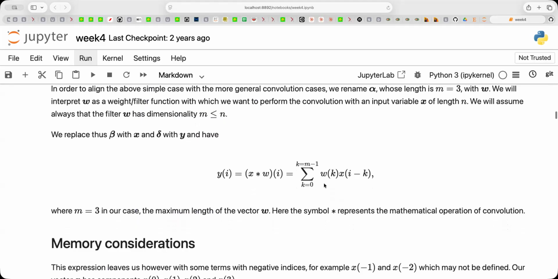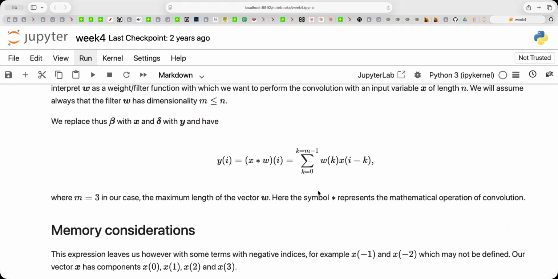I'm going to define the filter, which previously was the lowest polynomial, which had only 3 components, and X is the one which has 4 components. So you could think of us just taking that example and rewriting it like that. In our case, we had 3 elements in the filter.